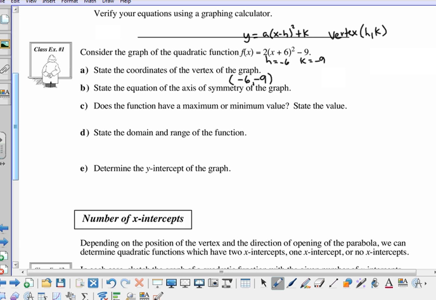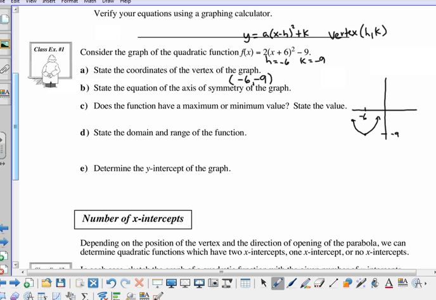Okay, the axis of symmetry. Which one of these would give you your axis of symmetry? Negative 6. How would you write that? It's an equation always. The equation of the axis of symmetry. So far, this graph, is it opening up or down? Up. It's a positive A value. And we know at negative 6, negative 9 is our vertex.